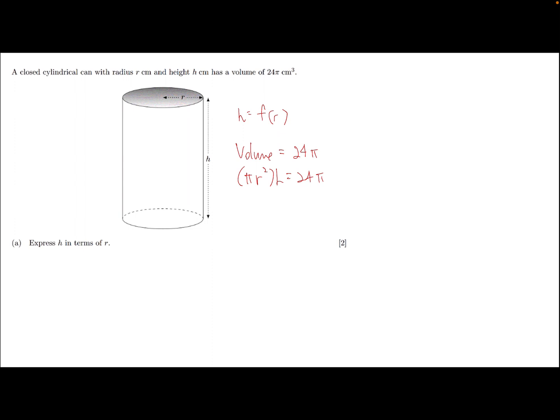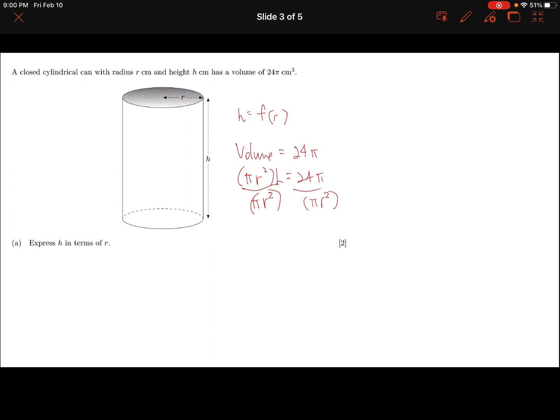What we need to do is divide both sides by pi r squared. Because ultimately what we want is h as a function of r, and we can't have r's on this side. So we're going to divide both sides by pi r squared. And you'll notice that this is a fancy version of 1, this divided by itself.